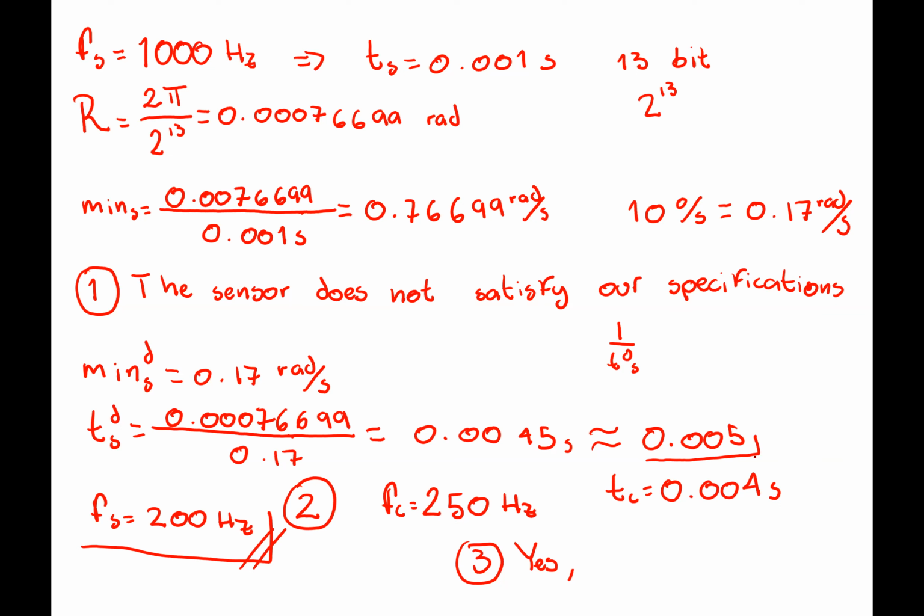So our controller is always going to be delayed. So yes, there are problems, because our sampling frequency is smaller than our control frequency.